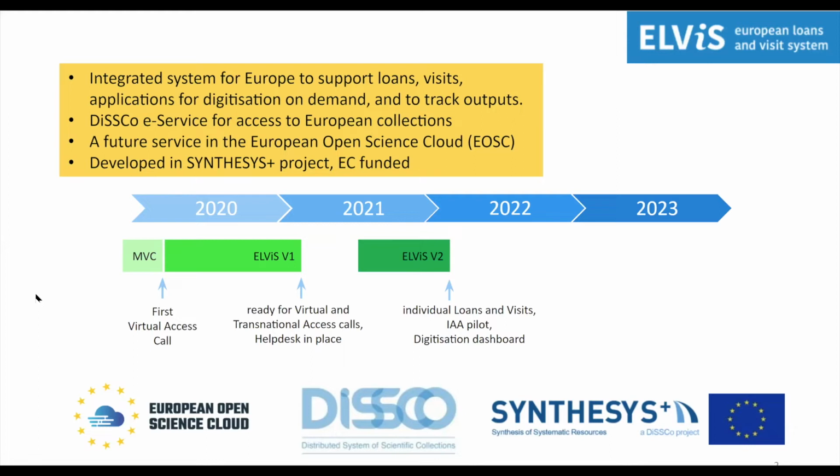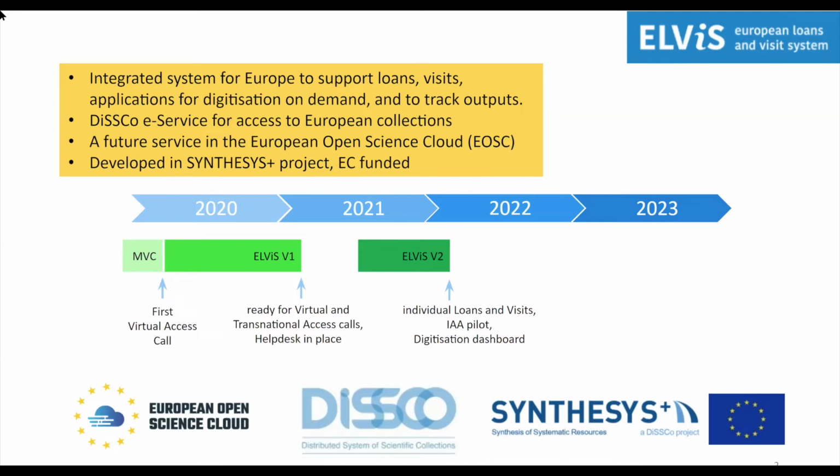And we are now working towards developing the first version of ELViS, which will be ready early next year, and should then be able to support not only the next virtual access call, but also a transnational access call. You can use that to apply for a visit from another country to collections. We will also then have a help desk in place.